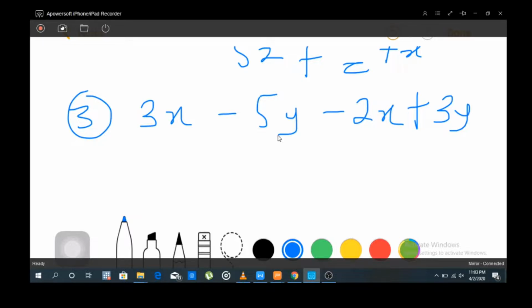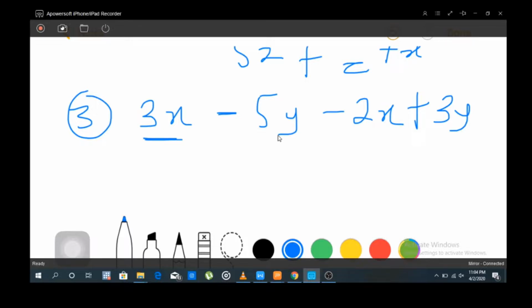But this 3 here, a mistake that can be made is assuming this negative affects this positive 3x. But in real sense, it doesn't.